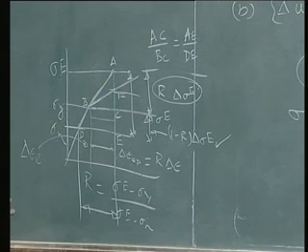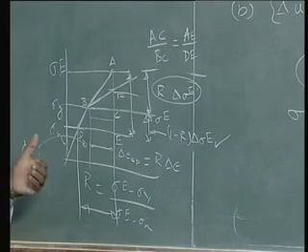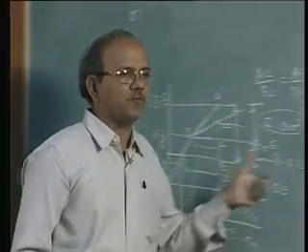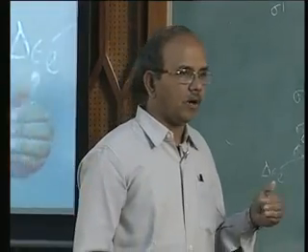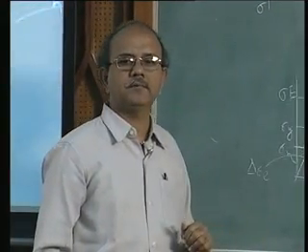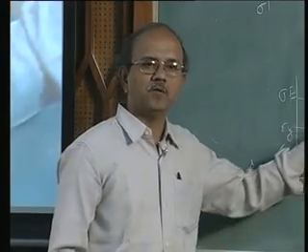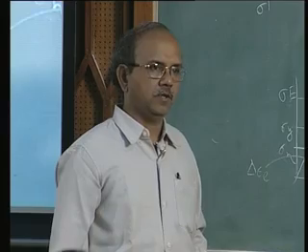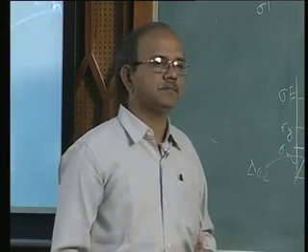Now this is actually very easy to understand after I explain it, but it has a lot of problems. What if it is not bilinear, where the slope of the curve changes in the elastoplastic region? Then how do I calculate it?